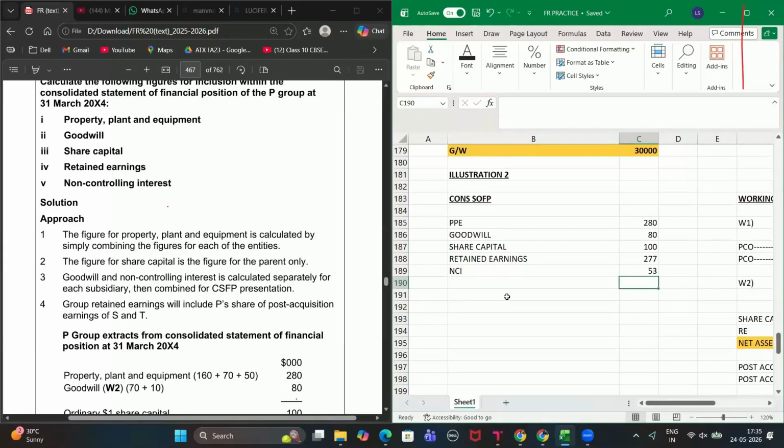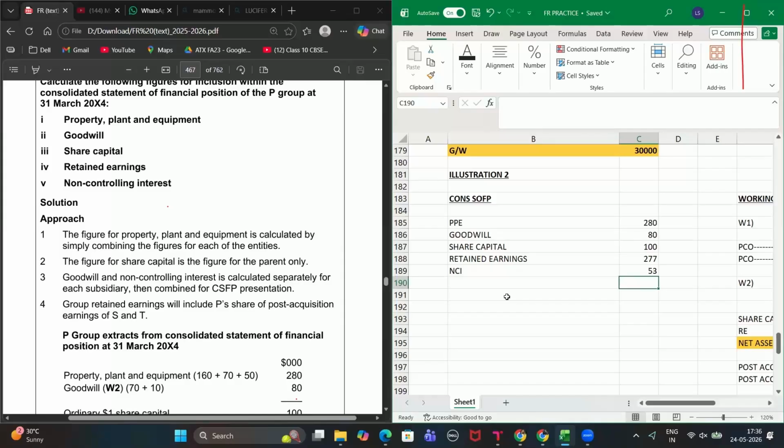Once you are done with that consolidation, trust me, you will be able to score full marks in consolidation once you understand that particular problem. Whatever we have done so far is the basics of consolidation.